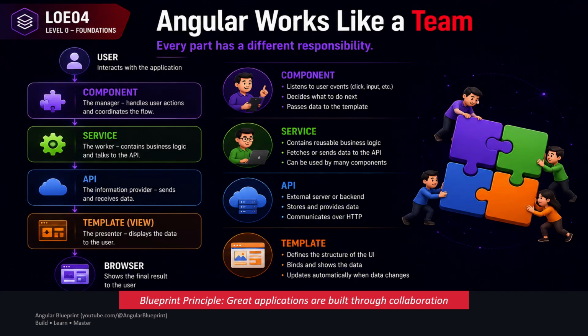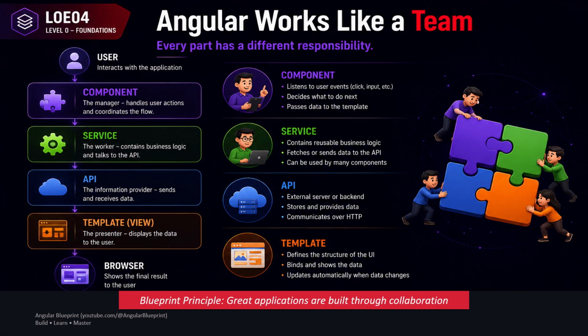So imagine you are ordering food at a restaurant. The waiter takes your order, the chef prepares your meal, and someone else serves it. Everyone has a different responsibility. Angular works in a very similar way. Components coordinate what should happen, services handle business logic and fetch data, templates display information on the screen, and the API provides the data your application needs.